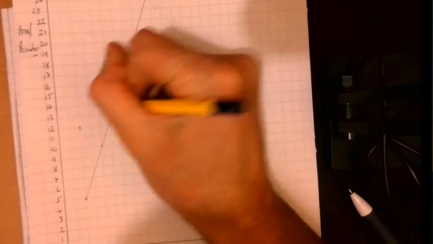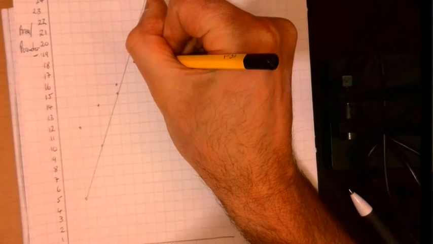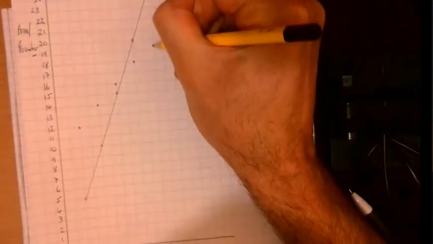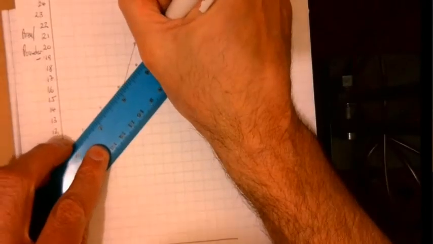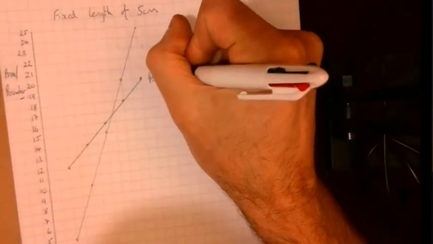So 2 goes to 14, 3 goes to 16, 4 went to 18, and 5 went to 20. Okay, let's pop this in a different colour so we can see it a little bit better, and plot these as best we can. So those were the perimeters.